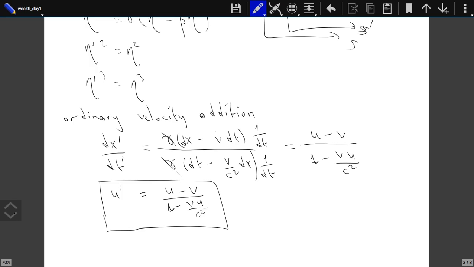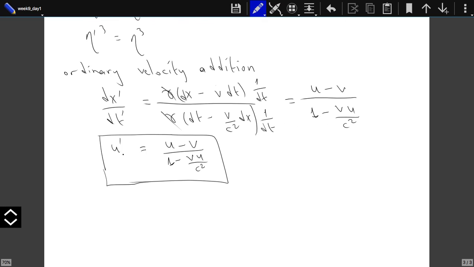Well, we can also look at the other components. dy prime by dt prime will be equal to dy divided by gamma times (dt minus v over c squared dx).